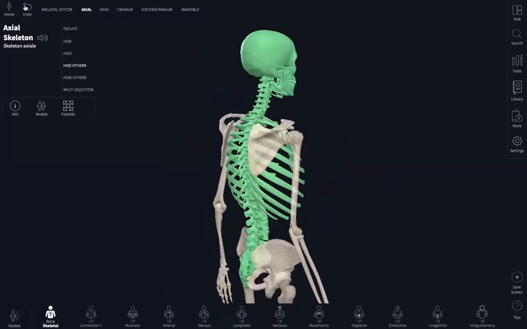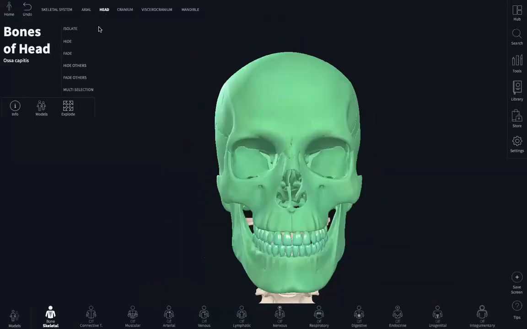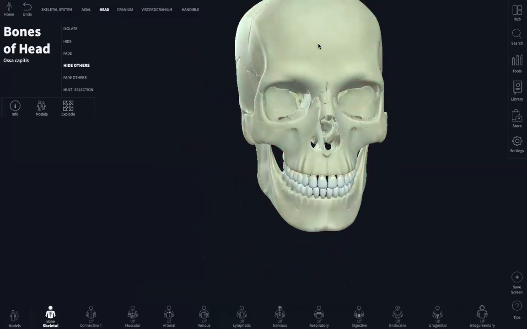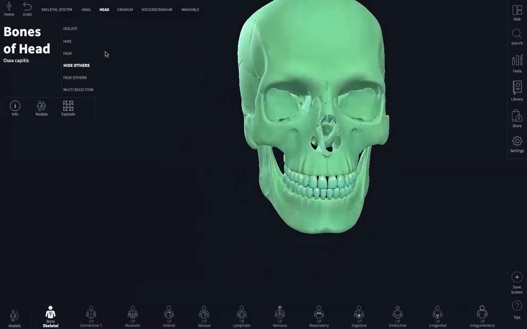So let me join this back and let us come to the head. We are going to list down the bones in your skull now. You can start writing along with me so that you don't have to wait for me to complete. So the bones of the skull. The first region of the skull is the cranium, consisting of 8 bones overall.